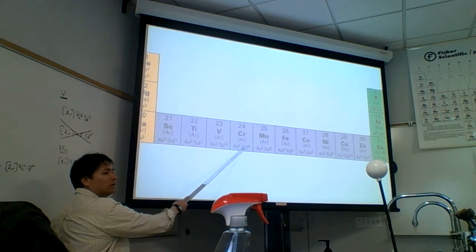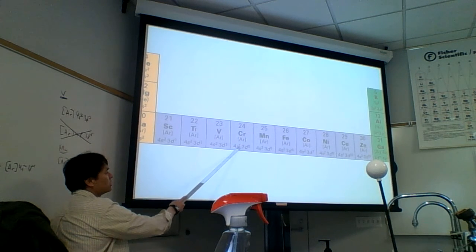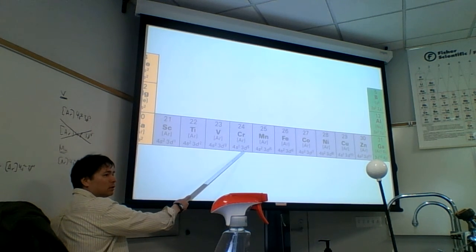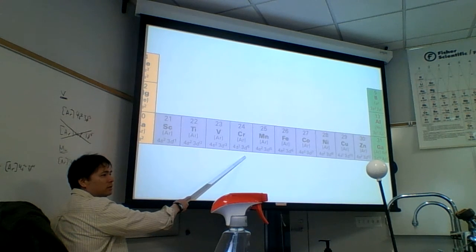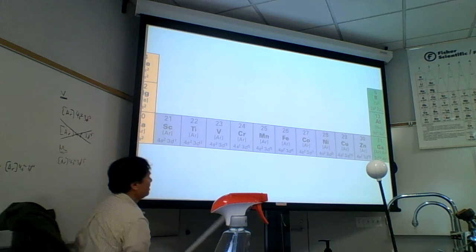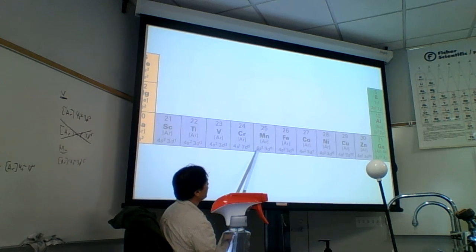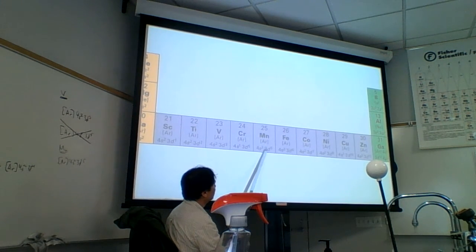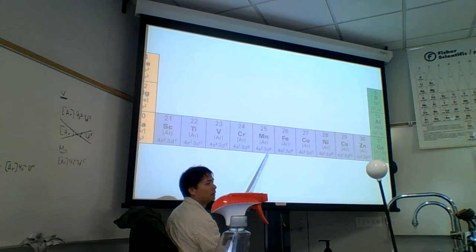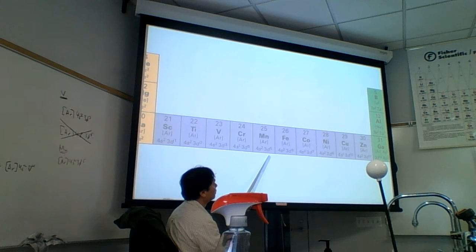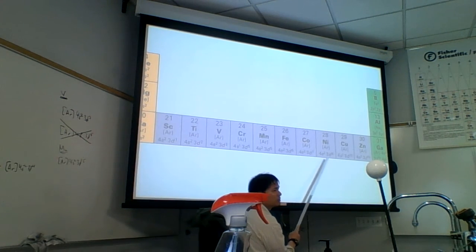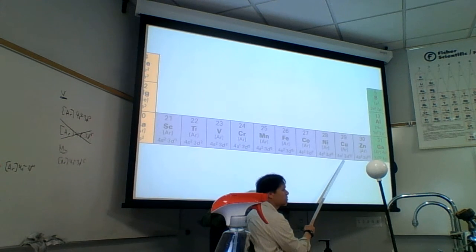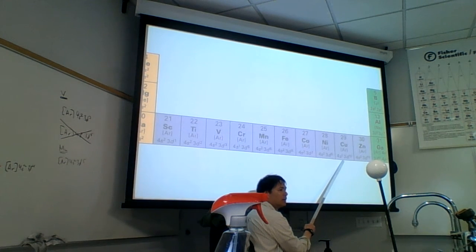This should be d4, it should be 4s2, 3d4, but this is an exception you have to memorize. And then it reverts back to normal. 4s2, 3d5. 4s2, 3d6, 4s2, 3d7, 4s2, 3d8. This should be 4s2, 3d9.